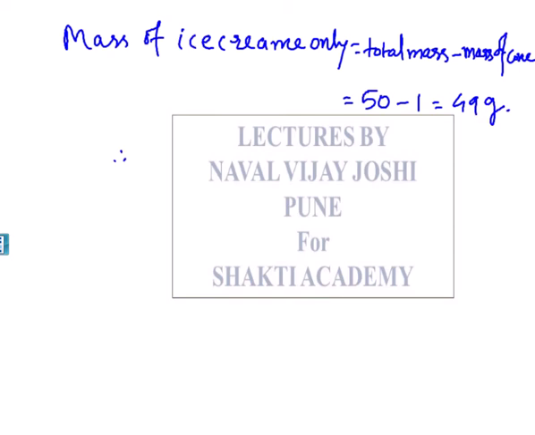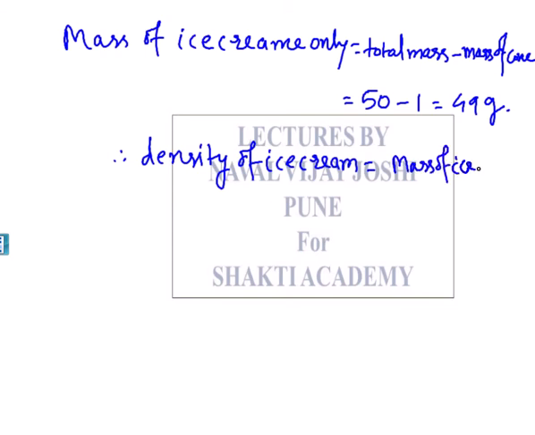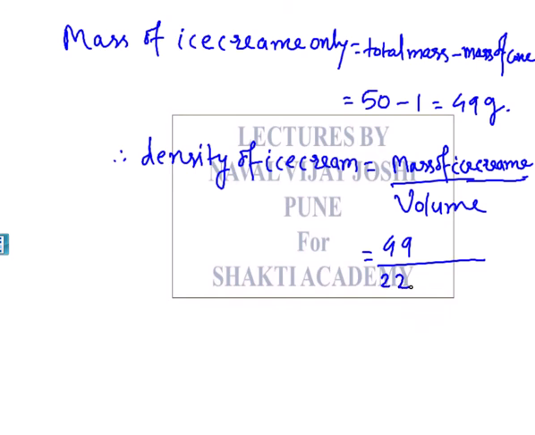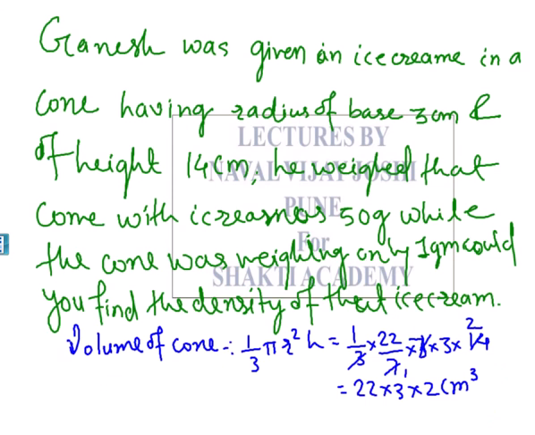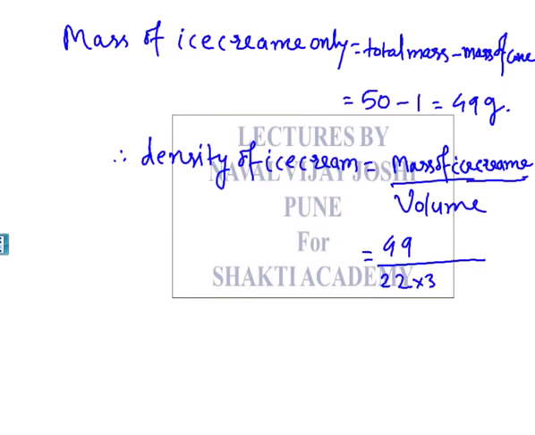So therefore density of ice cream is equal to mass of ice cream divided by volume. So this is equal to 49 divided by 22 into 3 into 2.